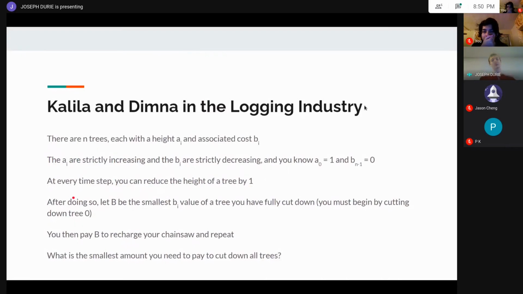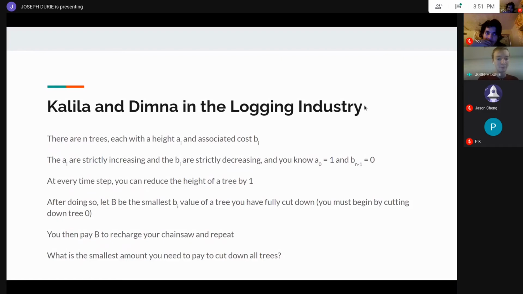So in this problem, the statement is very complicated, but we'll do examples, we'll do all kinds of stuff. So you have n trees where each tree has a height and a cost. You're given that the heights are strictly increasing and the costs are strictly decreasing. And also, you know that the first height is 1 and the last cost is 0.